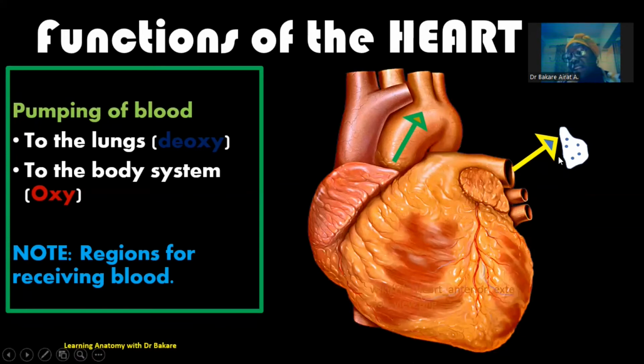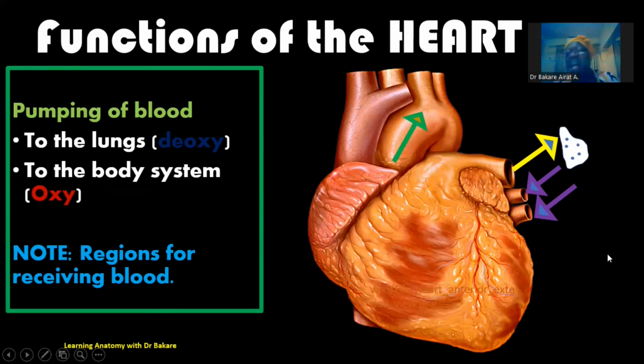So the pulmonary vein will then carry blood that is oxygenated from the lungs, and it takes it back into the heart. And the specific region of the heart where it takes this oxygenated blood is the left atrium. So you have it in the left atrium, and this is then pushed down to the left ventricle. From the left ventricle, the oxygenated blood is then taken by the aorta to be supplied to different regions of the body. But you see that in the left atrium, we have oxygenated blood being received into the heart.